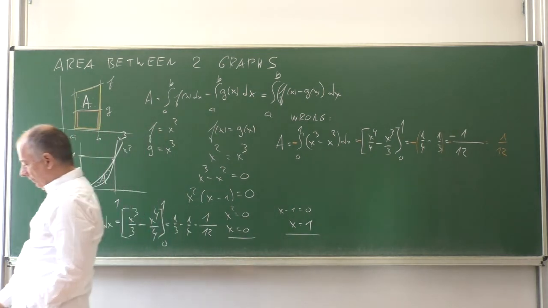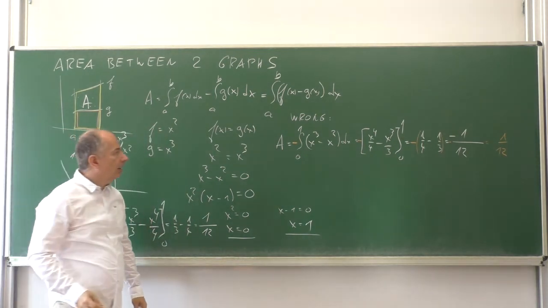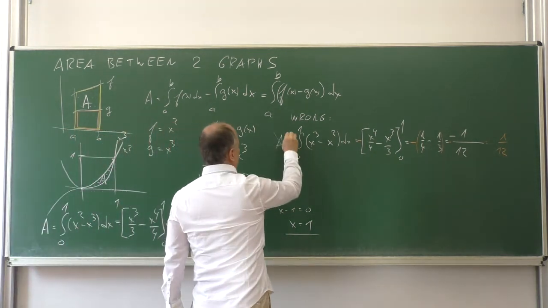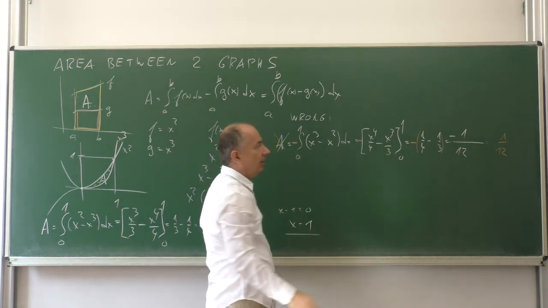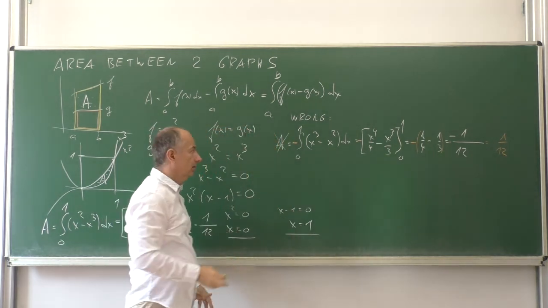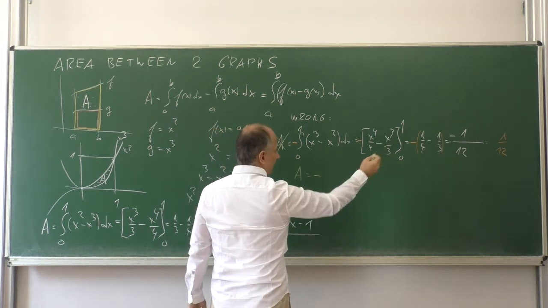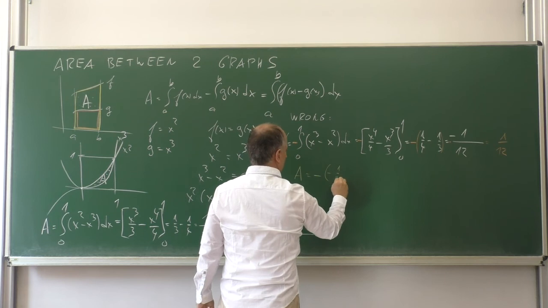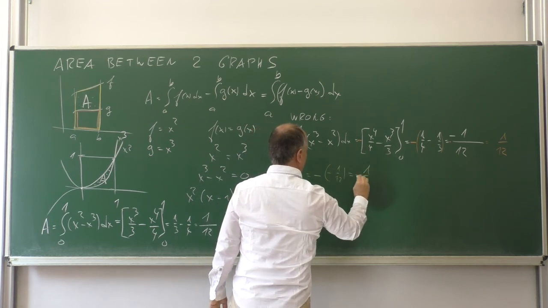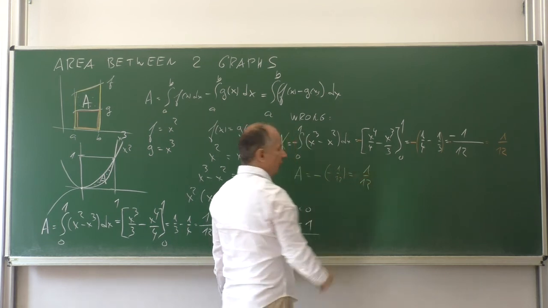Or possibly, we don't write A, we just compute this integral as some useful result, and after that we write A is minus the integral, which is the positive value.